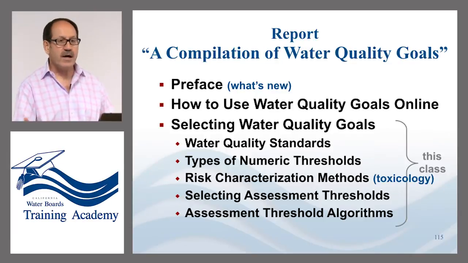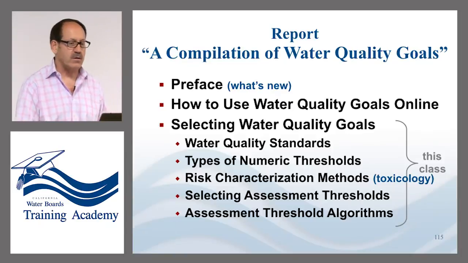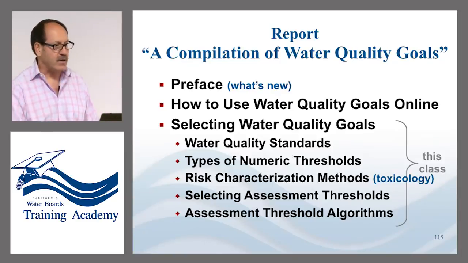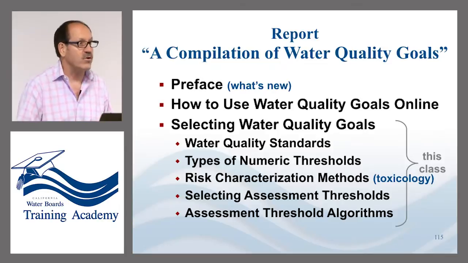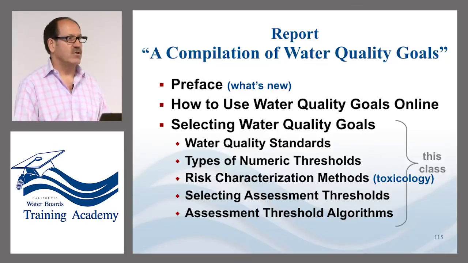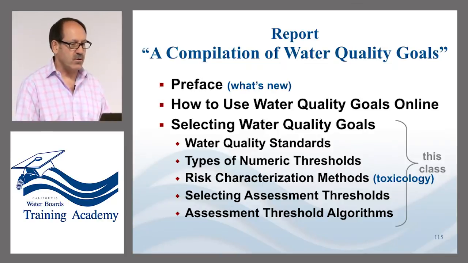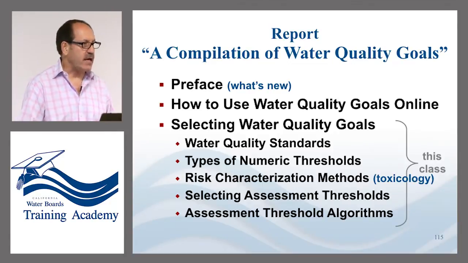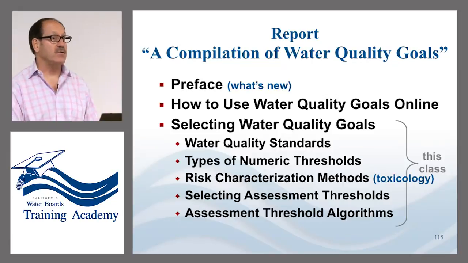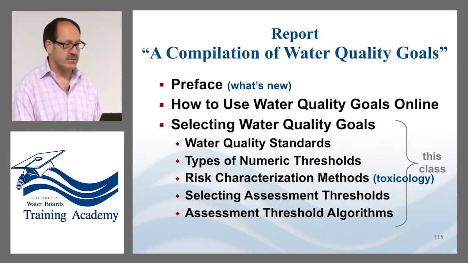So each time I put out a new edition of Water Quality Goals, I include a preface that says what's new in this version. So you can go look at the preface and see what's been added or changed or removed. There is a section that talks about how to use the online database with some examples.